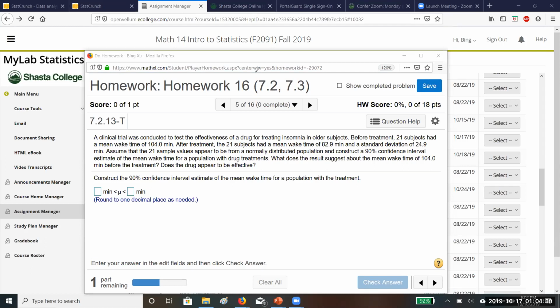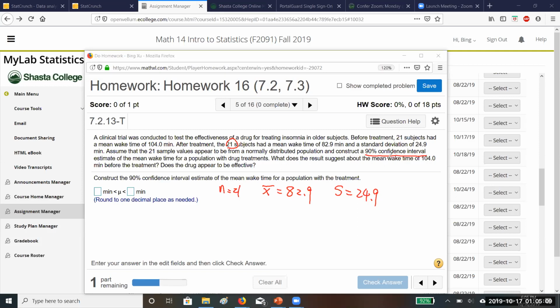All right. So after the treatment, 21 subjects. So N is 21, and this sample has a mean, so X bar is 82.9. And the sample standard deviation, which is S, is 24.9. And here they satisfy the requirement. It's normally distributed. And we want to construct a 90% confidence interval. Okay.